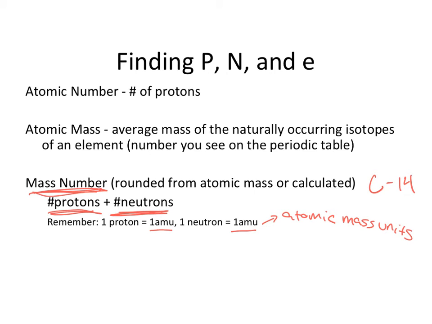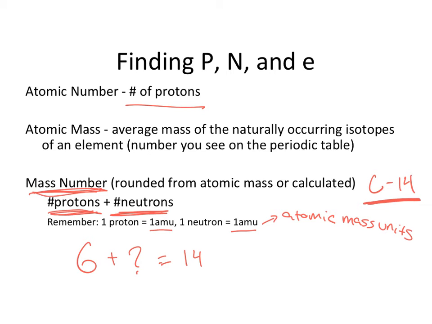If I have carbon that has a mass of 14, and I know that carbon's atomic number is 6, so the number of protons is 6. So protons plus neutrons equals the mass number. My protons are 6. My number of neutrons is unknown, and that's going to equal my mass number, which in this case is 14.